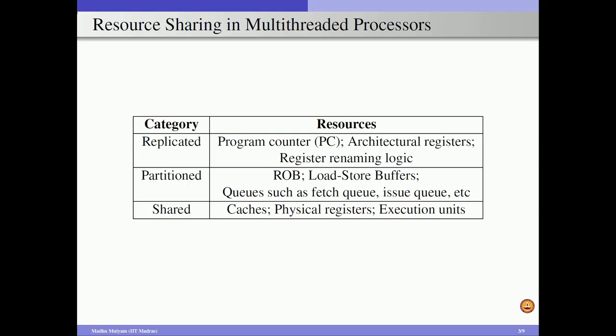So, we need to consider this cache memory shared across multiple threads, and similarly we can consider the physical registers shared across multiple threads. And of course, the execution units we have to share, because we cannot have separate execution units for each of the threads.